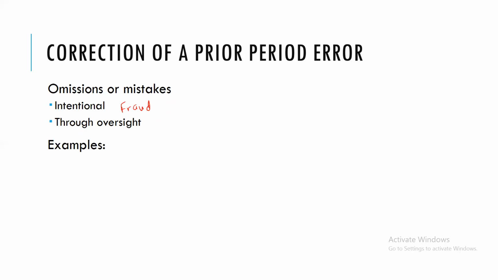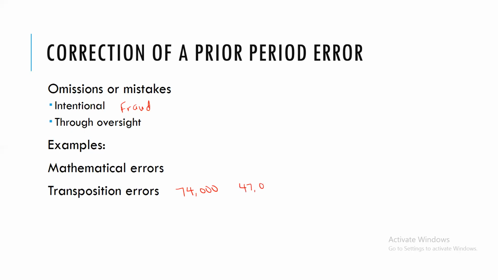So examples of this could be mathematical errors, not adding things up correctly or multiplying them or not adding the correct numbers. Transposition errors. So a transposition error is writing 74,000 instead of 47,000. Okay, so just mixing up the two numbers there. So that could be a transposition error.